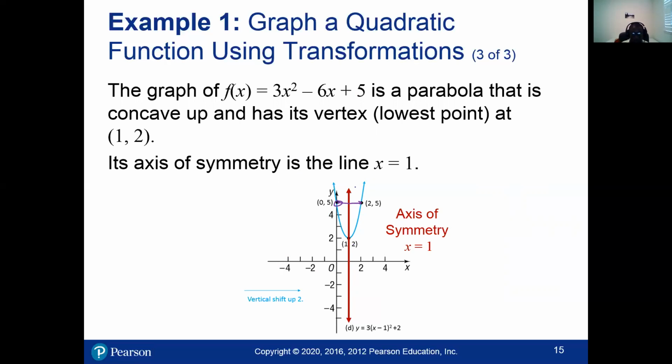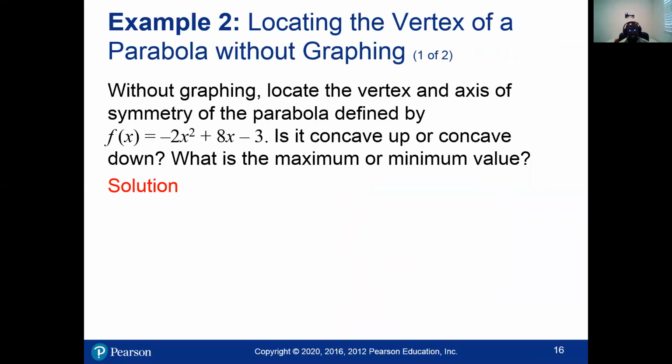All right? Okay, here is example 2. It says locate the vertex of a parabola without graphing. So we have a function, f of x is equal to minus 2x squared plus 8x minus 3.